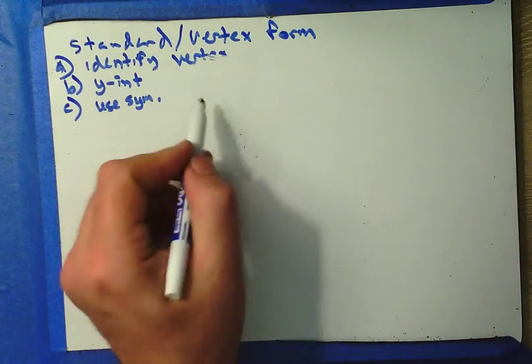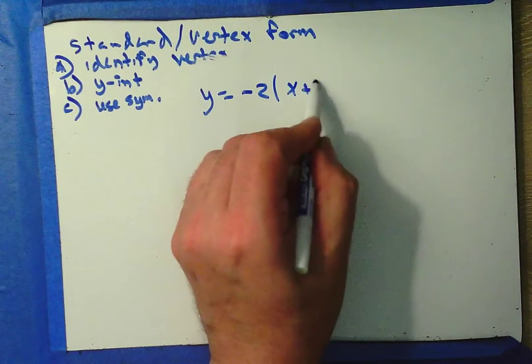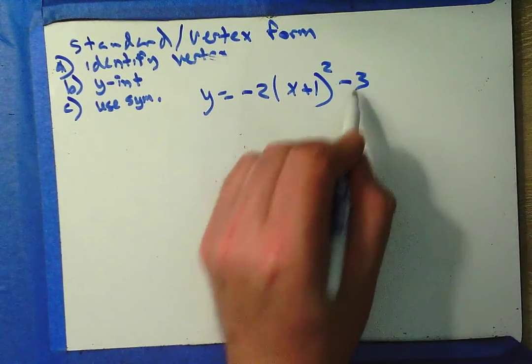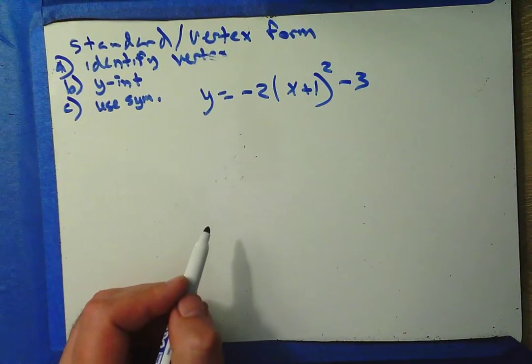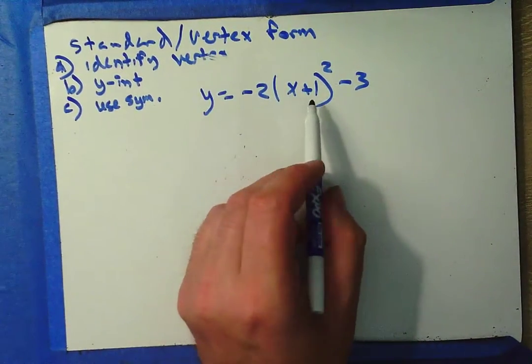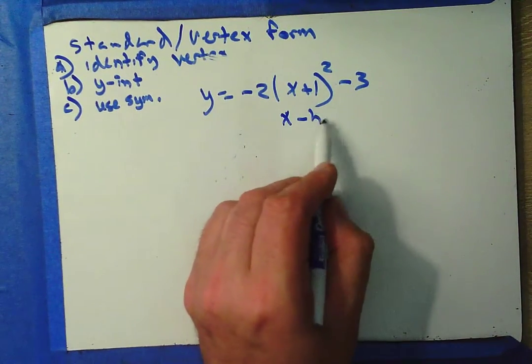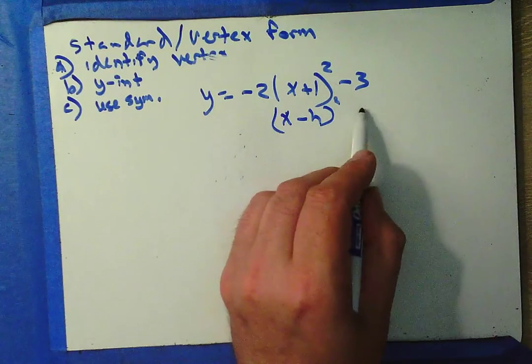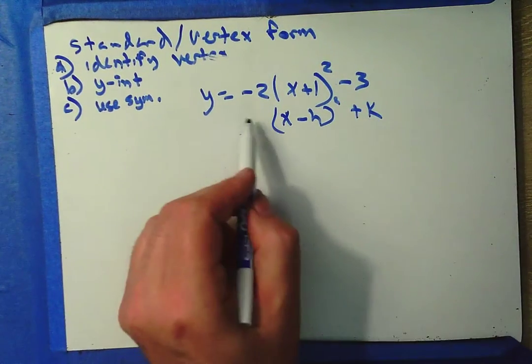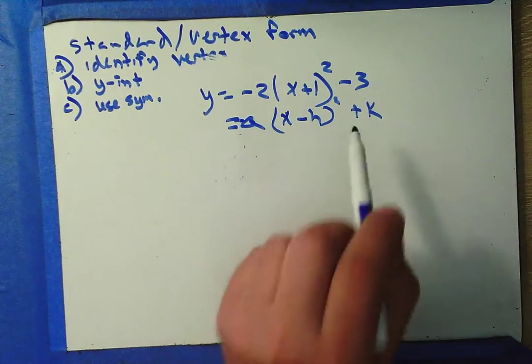Our next one is y equals negative 2 times (x plus 1) squared minus 3. All right, so what am I supposed to do? Identify the vertex. All right, well look, my formula has a minus here. Remember, (x minus h) squared plus k. So what do I know?